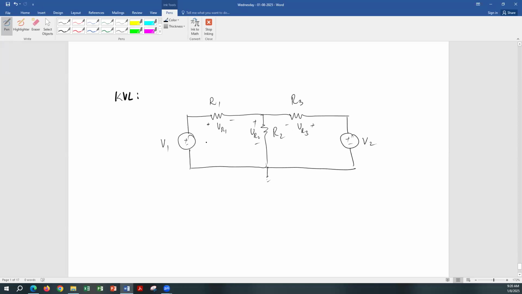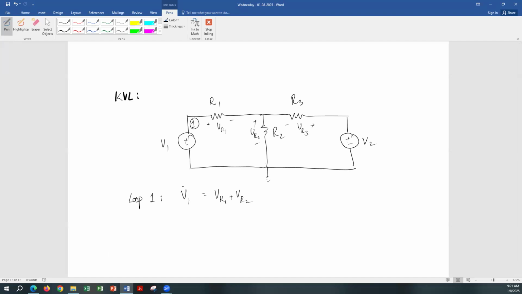If you're applying KVL in loop 1, what will be your KVL equation? That is correct. In general, you can just add the voltages, going by the sign where current is either entering or leaving, and write negative V1 plus VR1 plus VR2 is equal to 0, because the sum of all the voltages around a loop is going to be 0.